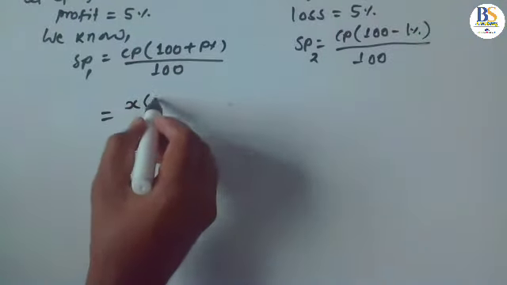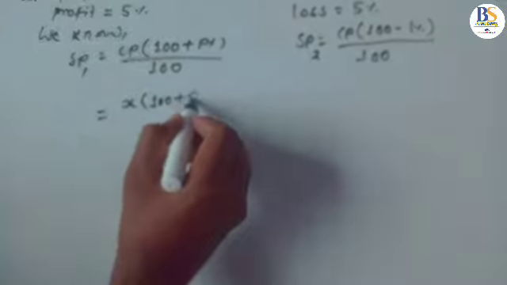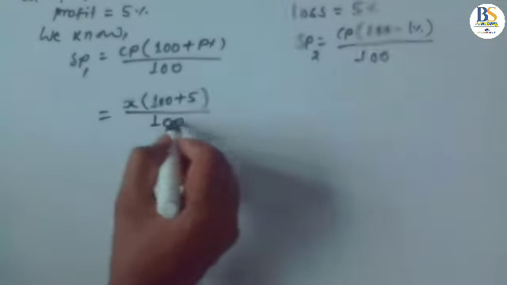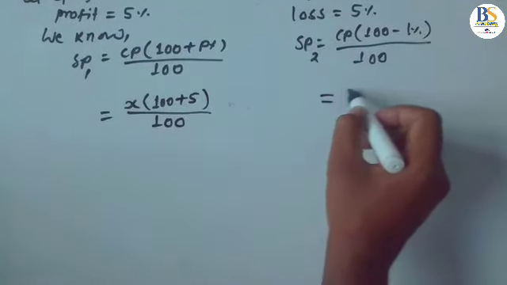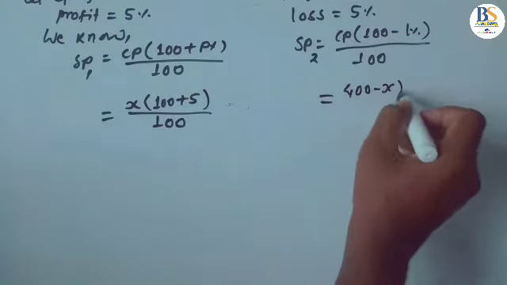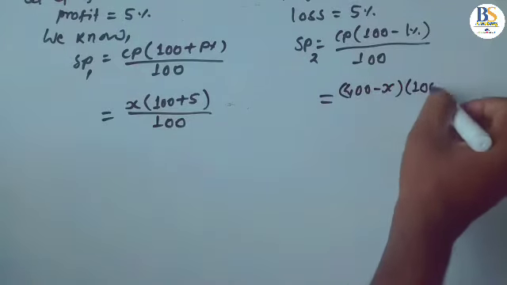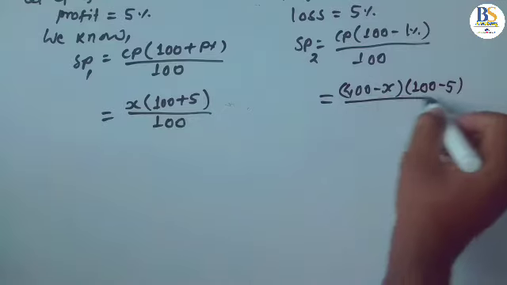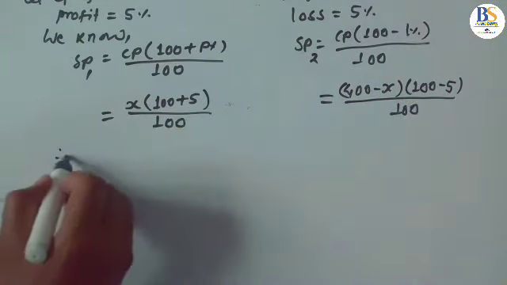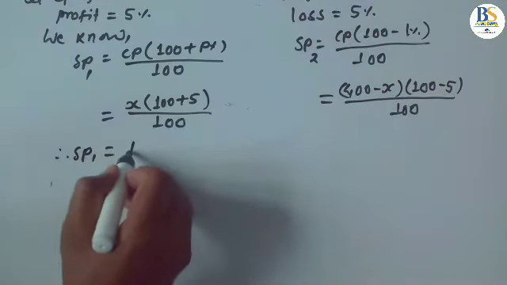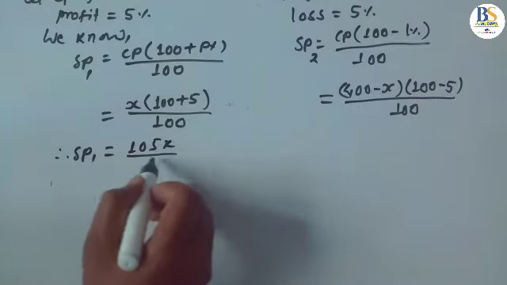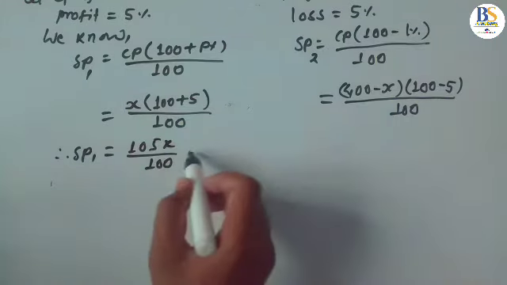CP is X, so SP1 equals X times (100 plus 5) upon 100, and SP2 equals CP 400 minus X times (100 minus 5) upon 100. Therefore SP1 equals 105X upon 100. This is equation 1.